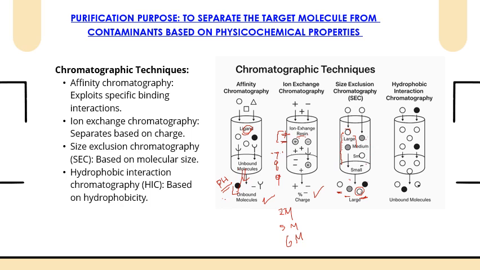If the salt concentration is lowered, this interaction will be weak. Okay, so we are going to drop the interaction. When the interaction drops, the proteins will elute in order of increasing hydrophobicity, so they will be eluted one by one based on the hydrophobicity.